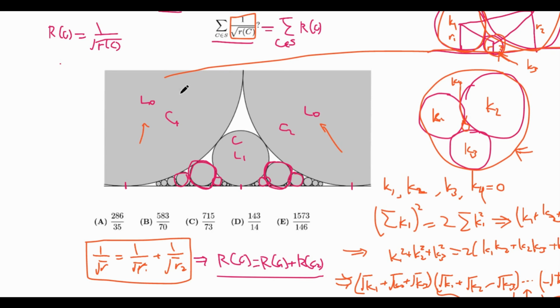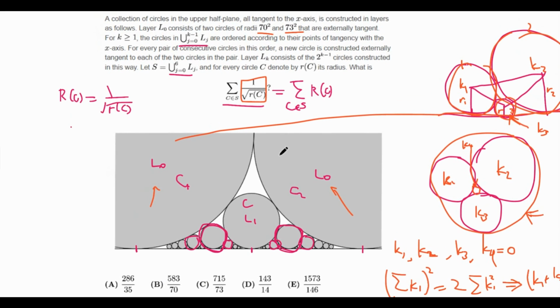In addition, we also know the values of big R of C1 and big R of C2 because the radii of these two circles are 70 squared and 73 squared.